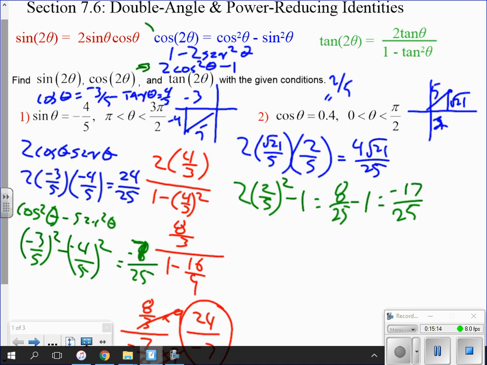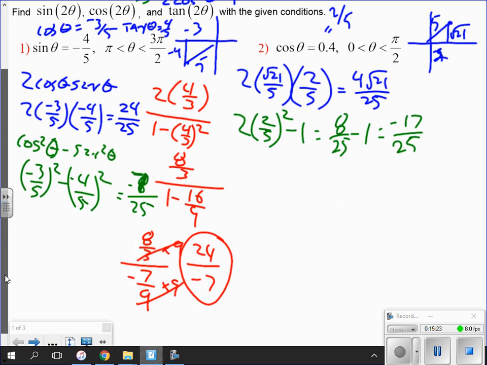And I'm sorry, the tangent is just plain nasty. No matter how you look at it, no matter how you do it, there is no avoiding it. The tangent is just plain nasty.